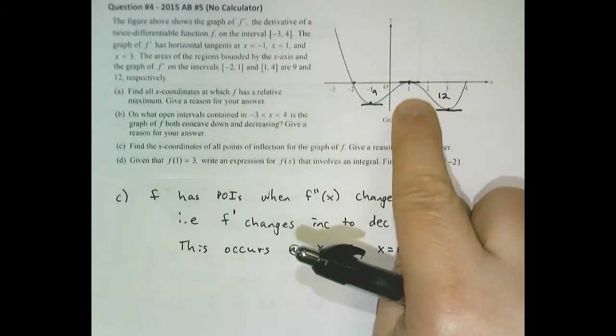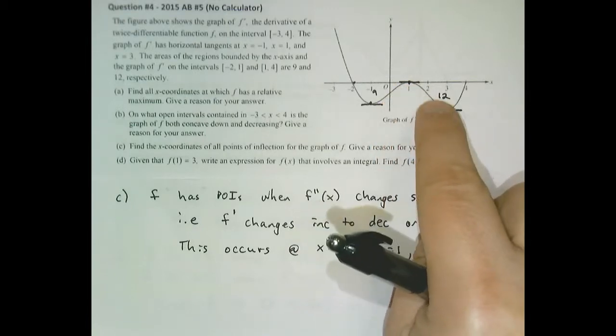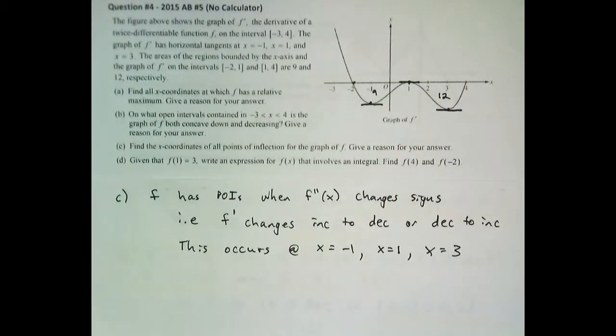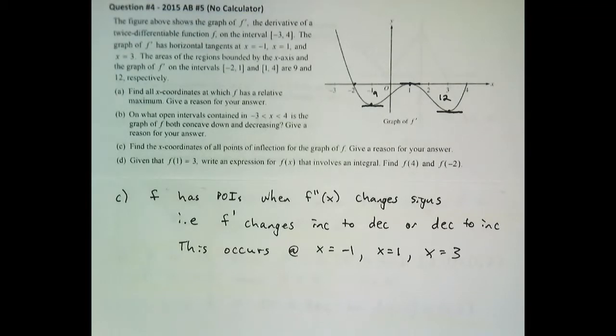And at 1, f prime changes from increasing to decreasing. I don't think it's required that you are that specific, but it really demonstrates to the reader that you know what you're talking about. And the better you can get the reader to be convinced you know what you're talking about, the more likely you're going to get the point. The onus is on you to prove that you know calculus.